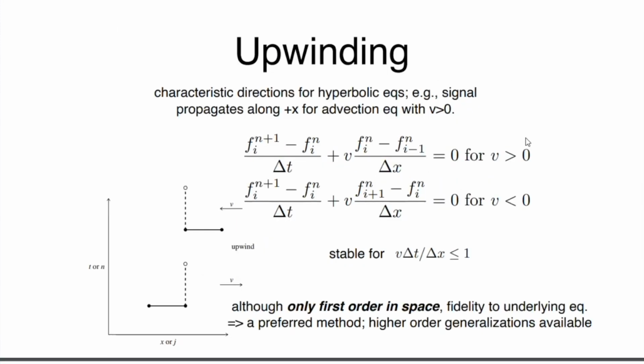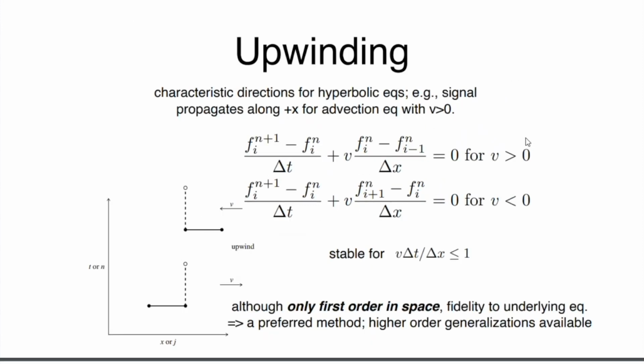Upwinding was invented in the 1920s, by Courant, Friedrichs, and Lewy. That's where it goes back. So the idea that information travels in a definite direction was actually known. It's not like everything was invented in recent weeks. But you can build on older ideas and come up with better schemes.